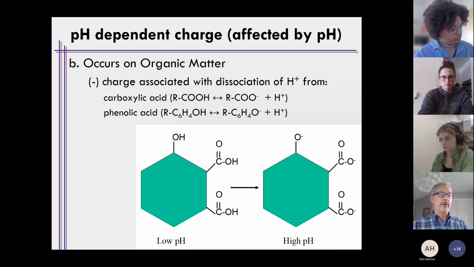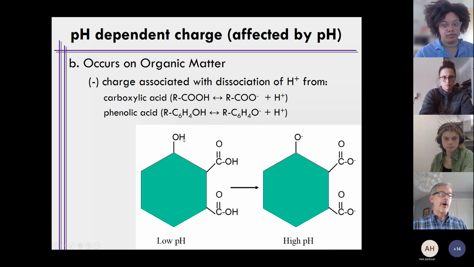So here's a rough picture of a soil at a low pH. Here's a carboxyl group, and here's another carboxyl group, and here's a phenolic group or an alcoholic group. At low pH, there's plenty of hydrogens floating around in the soil solution, and the oxygen is satisfied by those protons.